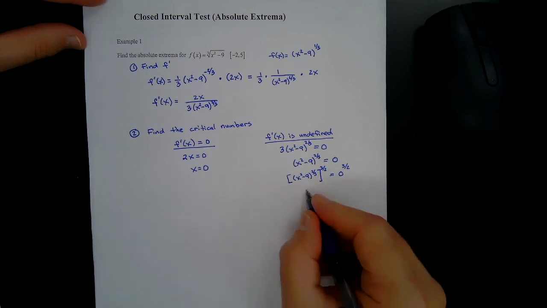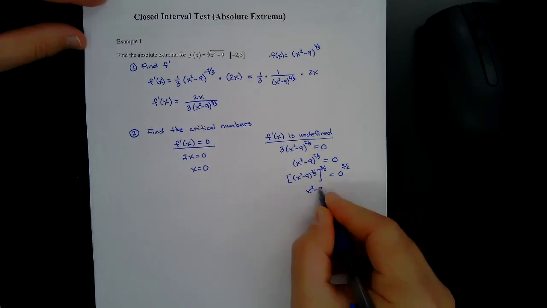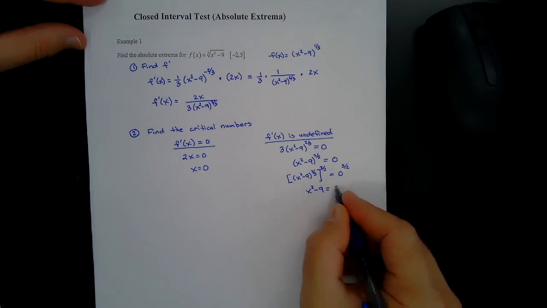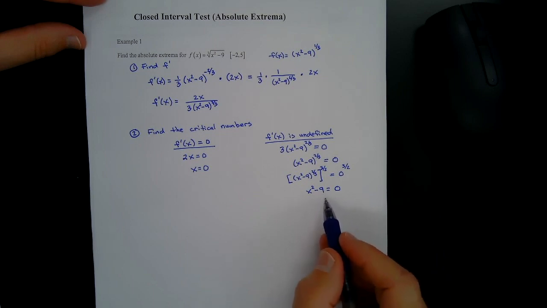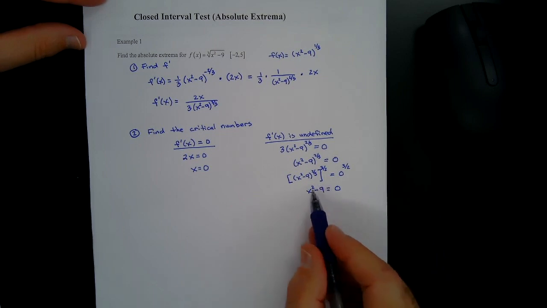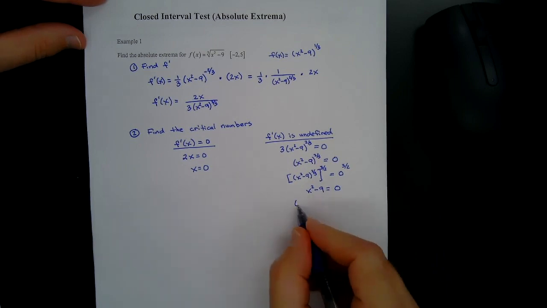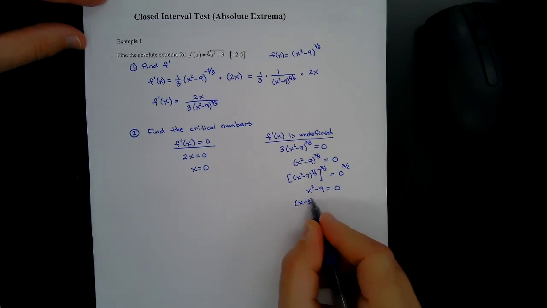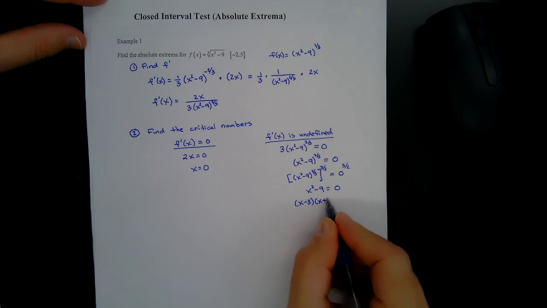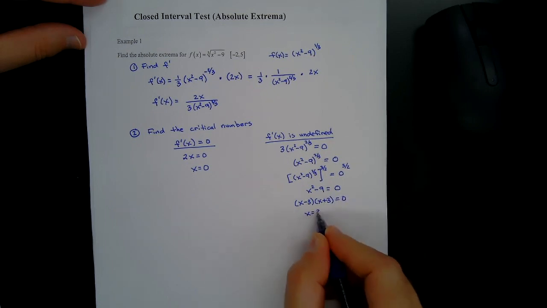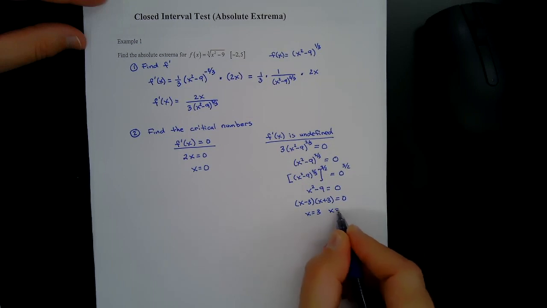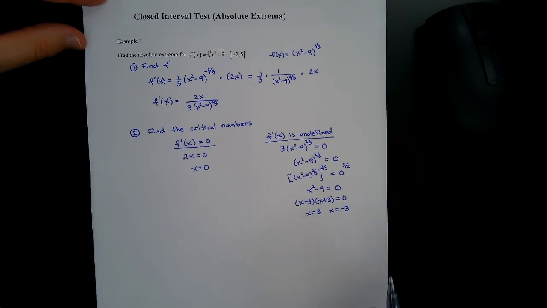So this is going to make x squared minus 9 equal to 0. And then there's two ways you could solve this. One is add 9 and square root both sides, or you should notice this is also a difference of squares. So this factors into x minus 3 times x plus 3 equals 0, which means x is equal to 3 and x is equal to -3.